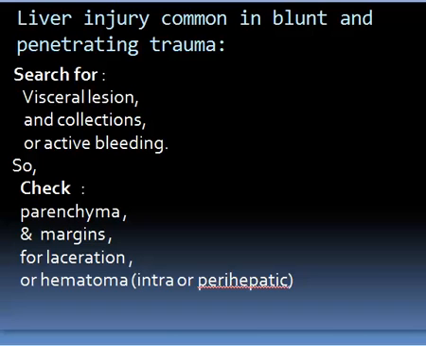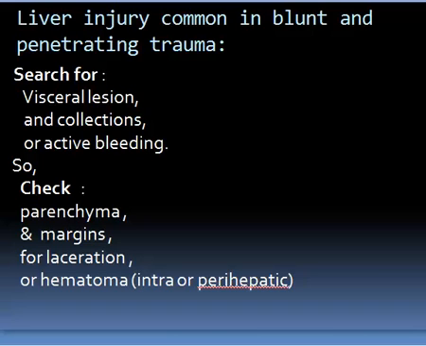Liver injury is common in both blunt and penetrating trauma. We should search for visceral lesion, collections or active bleeding. That means we are checking parenchyma, its margins, for laceration or hematoma.